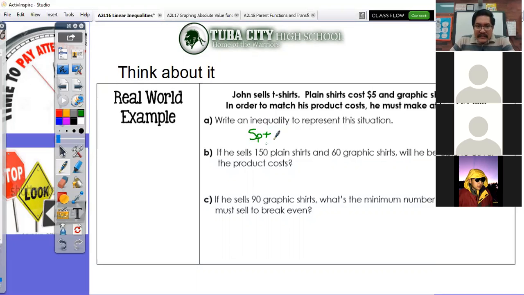The other one is graphic. Graphic is G, so 7G. That stands for printing a design on it, kind of graphic, not the other kind of graphic. Anyway, if he sells one, it's going to be $7, two is $14, three is $21, and so on.